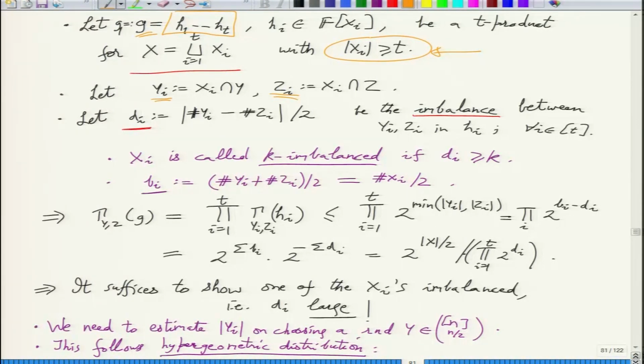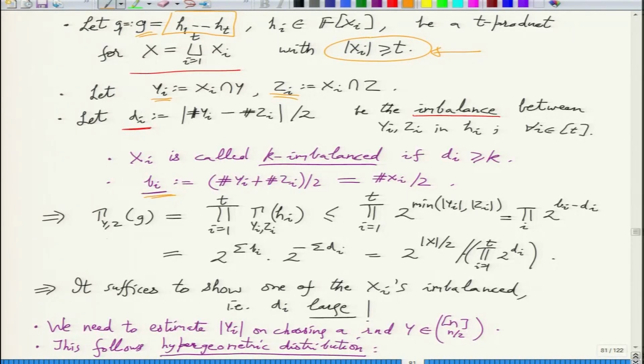This imbalance will be called Di, and we will say that Xi is K imbalanced if this imbalance or discrepancy is at least K. Bi we have defined to be essentially the size of Xi, with a factor of half.